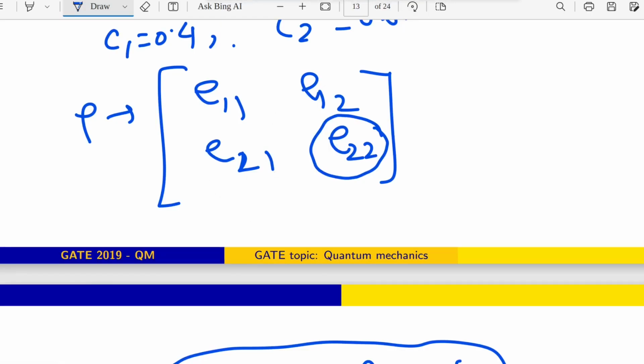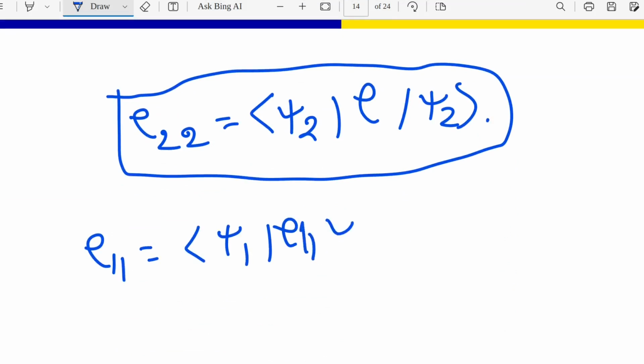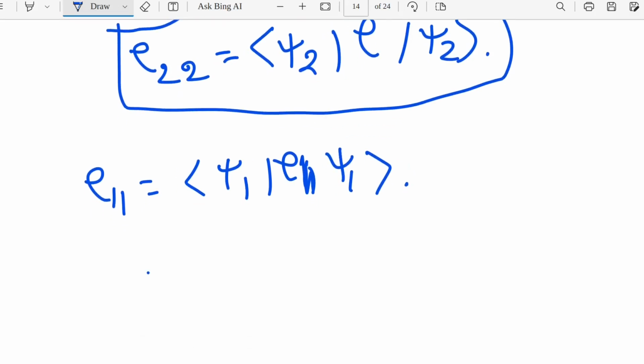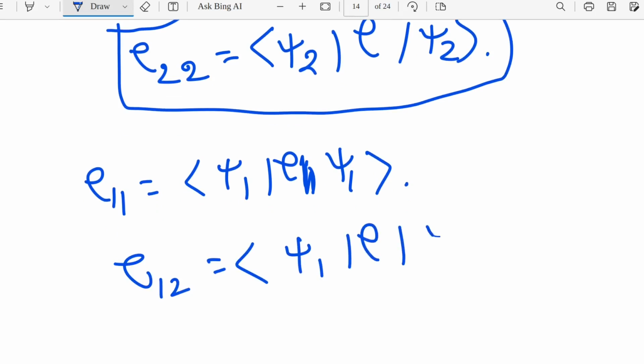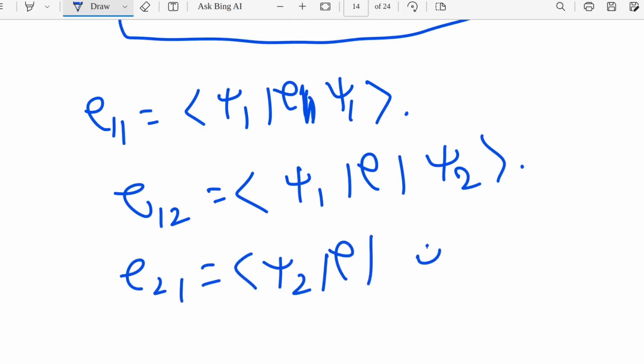So what will be rho 11 here? Rho 11 will be psi 1 rho psi 1, then rho 12 is psi 1 rho psi 2, rho 21 is psi 2 rho psi 1.